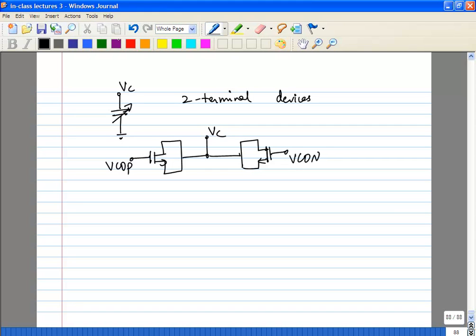One more thing to remember. What is the difference between this and doing this? What is the difference between these two cases, and which one would you choose and why? Any ideas?